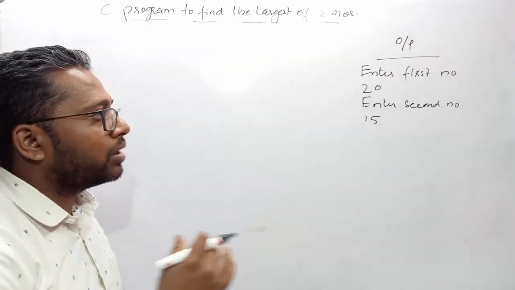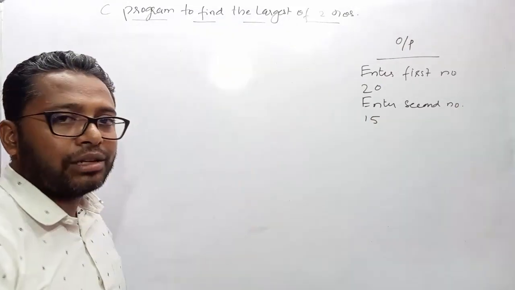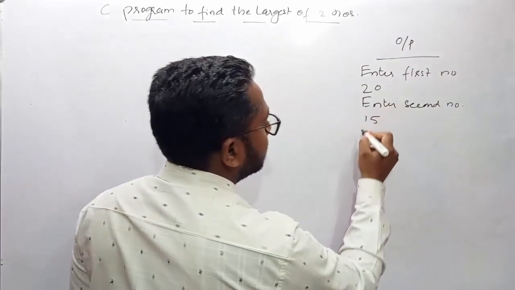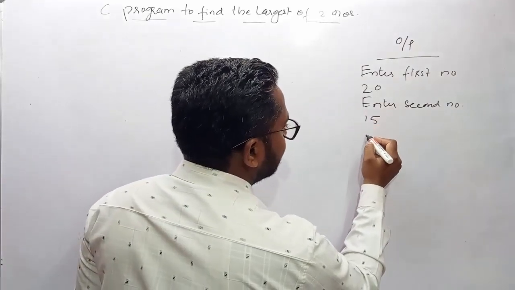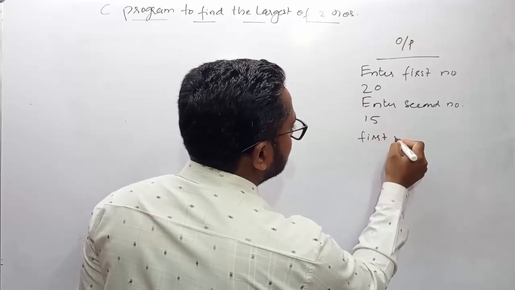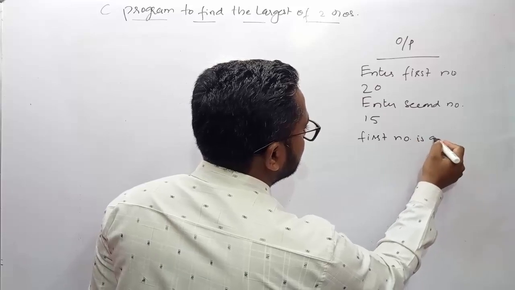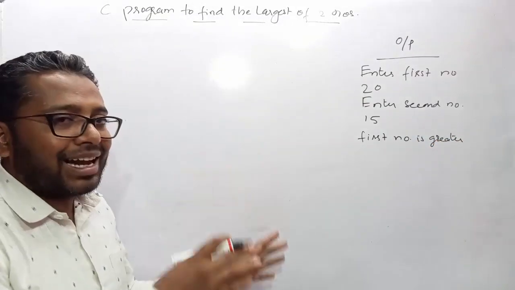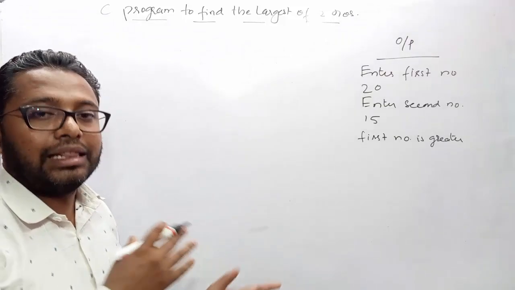Then our program needs to compare both of these values using the if-else statement. Then based on that comparison we should display an appropriate message like first number is greater or large. So this kind of output we need to display in this program.